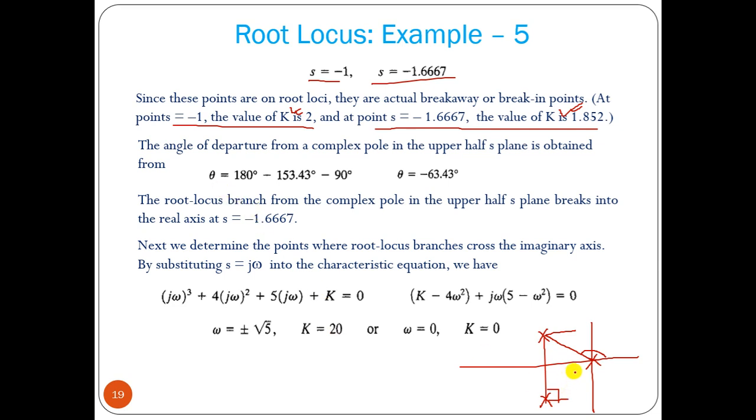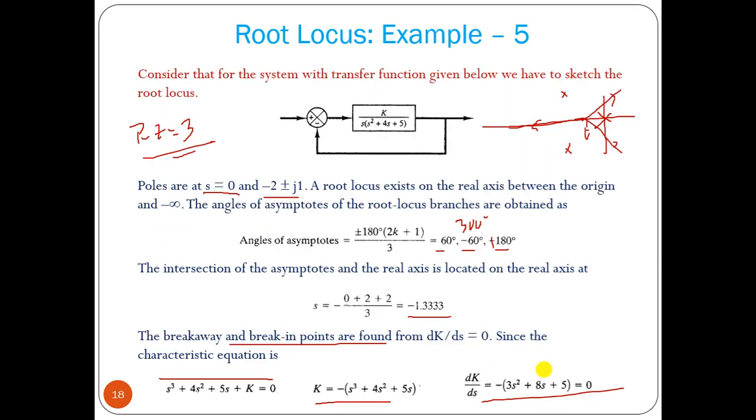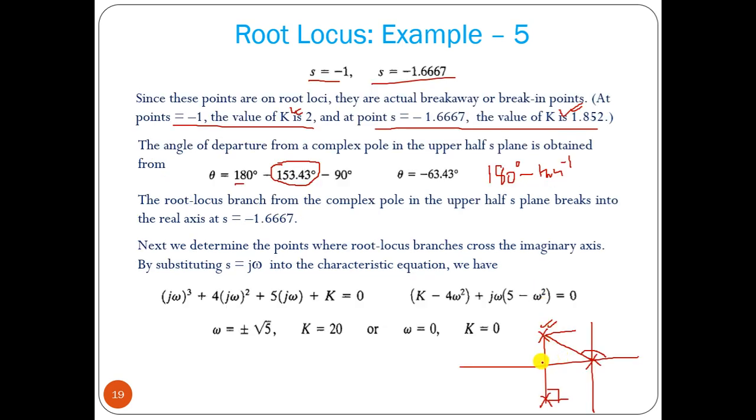so theta, the departure angle of this pole, equals 180 degrees minus 90 degrees for this pole, and for this pole this angle is 180 degrees minus tan inverse of, the pole values are minus 1 plus minus 2 plus 1, so 1 by 2.